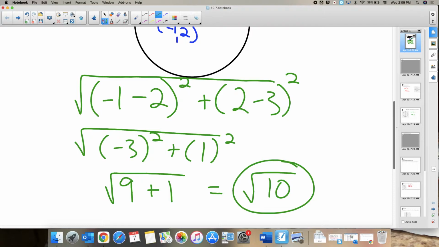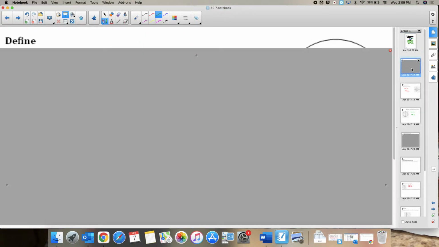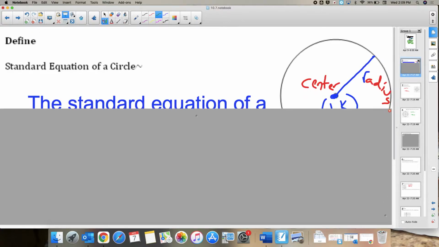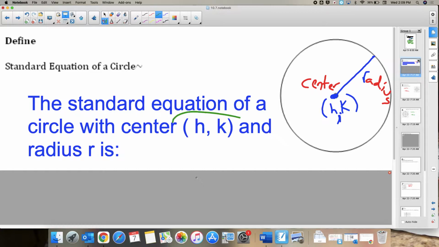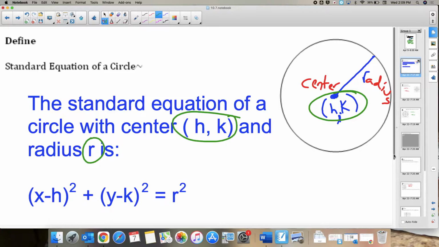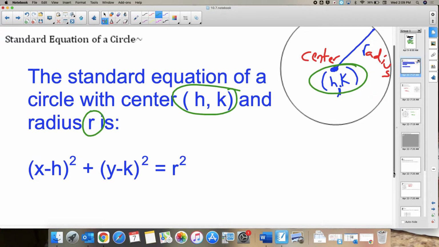As I was mentioning, when it comes to working with this equation, there are really two things that you need to know. The standard equation of a circle with your center at what they call h comma k, so that's just the point that we have for our center, and your radius, which they are calling r, is x minus h squared.